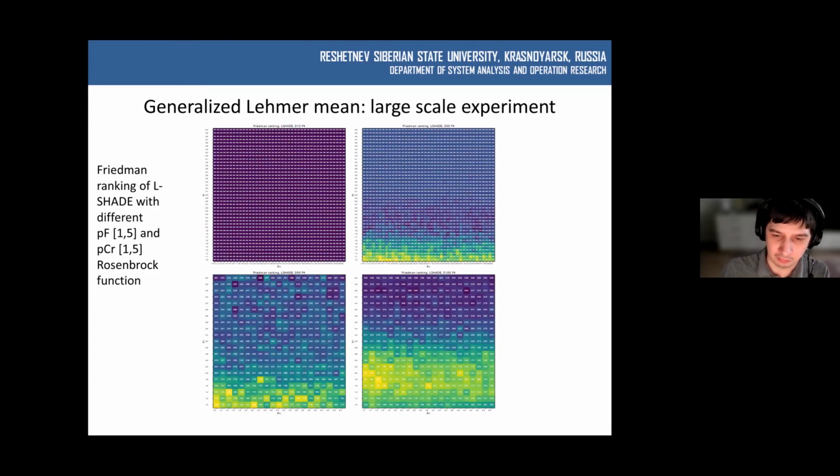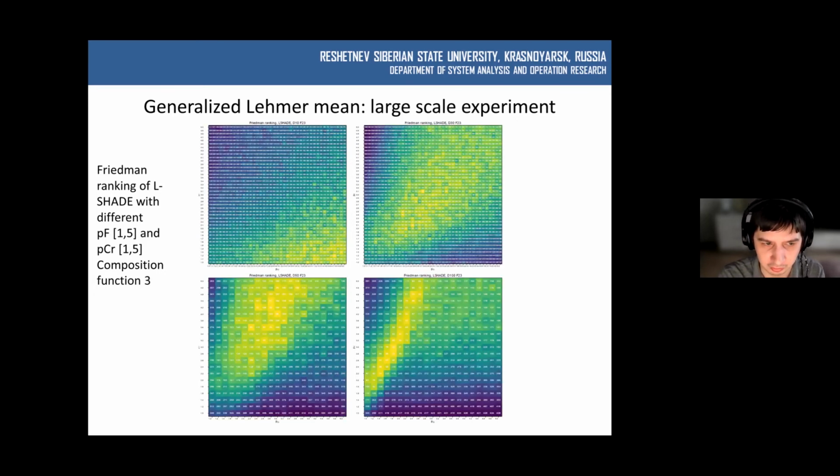But this previous graph was for the average over all functions. So this is, for example, for one of the functions, the Rosenbrock function, and here the situation is different. Here, smaller values are better. If we look at some other case, this is some composition function, a very complex one.